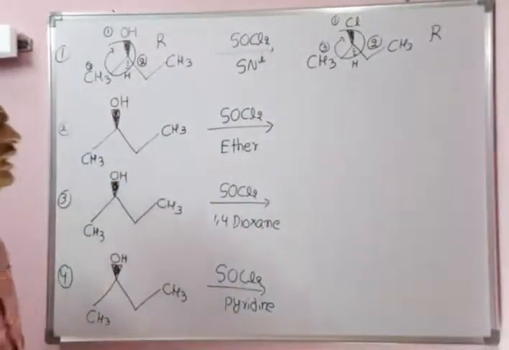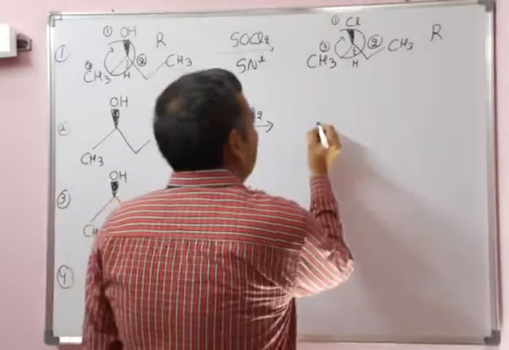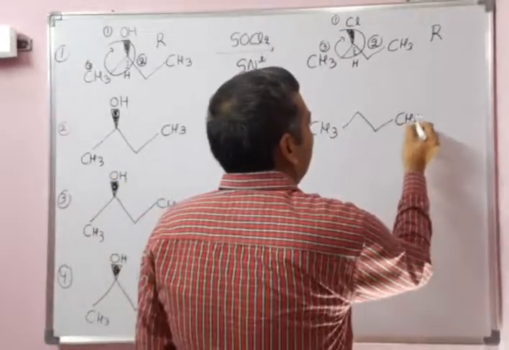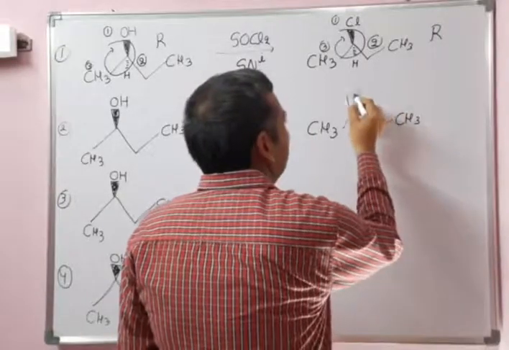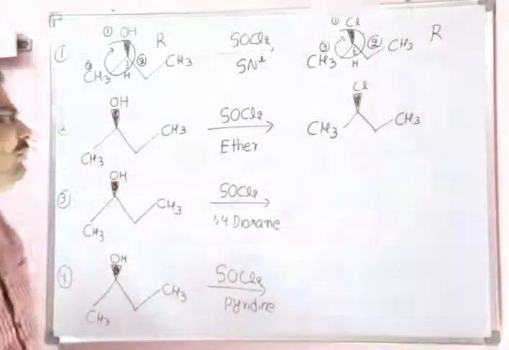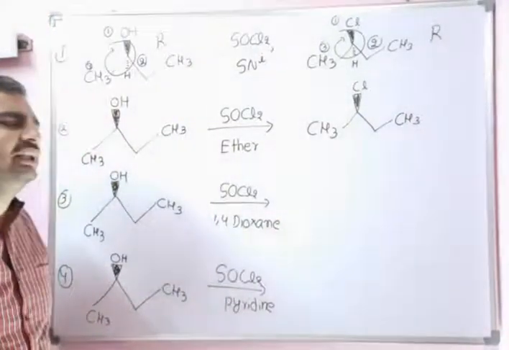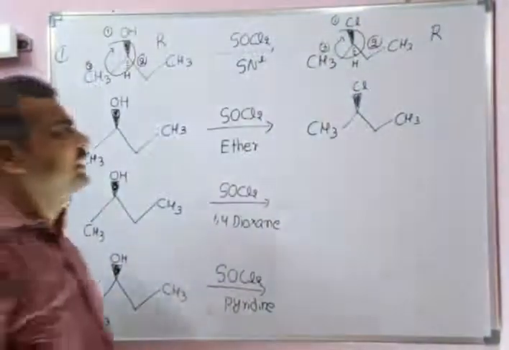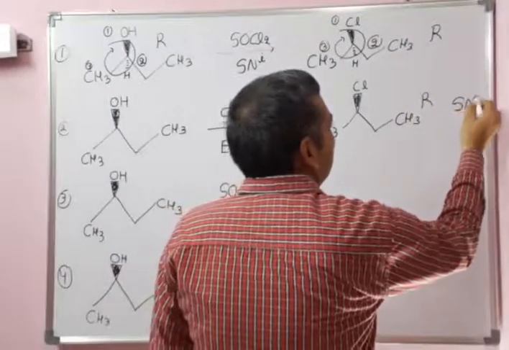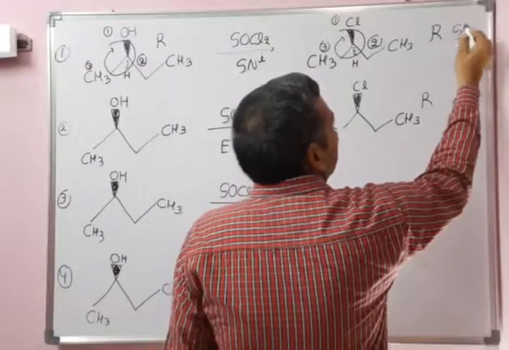Same example with ether as a solvent, definitely it will be an SNi reaction with retention of the configuration. No doubt, retention of the configuration will take place. Why? Because the side product HCl will not react with the ether; during the evaporation, ether and HCl will be eliminated from the reaction. This is an example of SNi.